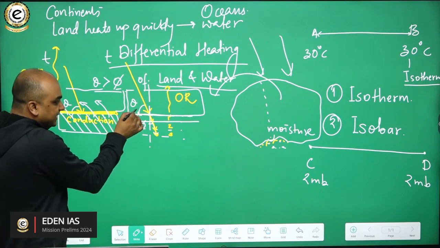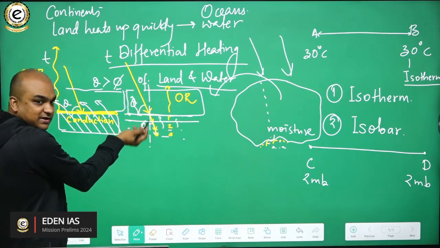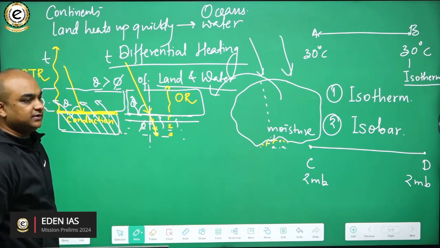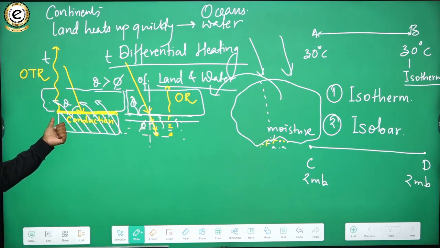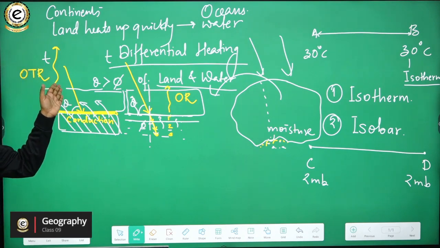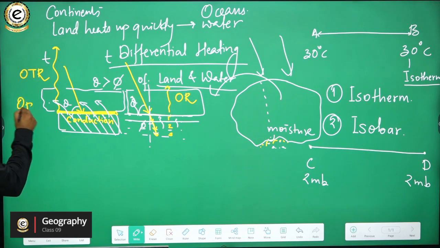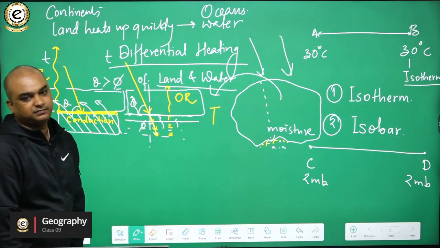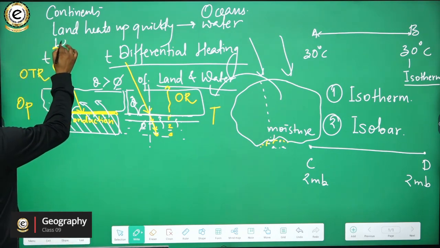So if this layer loses heat, the other layers will transfer heat to this layer by way of conduction and will not allow the topmost layer to cool down very quickly. That kind of a leverage land does not have, because at lower layers there is not sufficient heat, because in the first place there was no sufficient heat transfer to the lower layers. Why? Because land is opaque, whereas water is translucent, if not transparent. So land will also cool quickly.